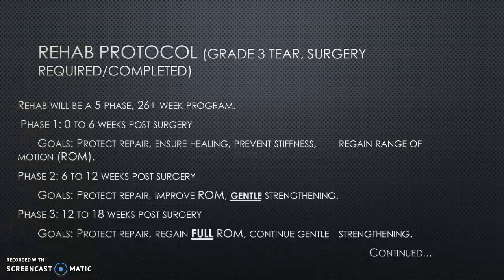Phase 3, 12 to 18 weeks post-surgery, we are going to still be focusing on protecting the repair as well as increasing range of motion. We're going to try to get back to full range of motion, and we're going to continue gentle strengthening. A lot of this range of motion is still going to be passive range of motion because we don't want to re-tear those tendons that were injured.